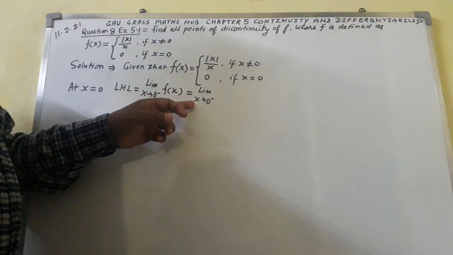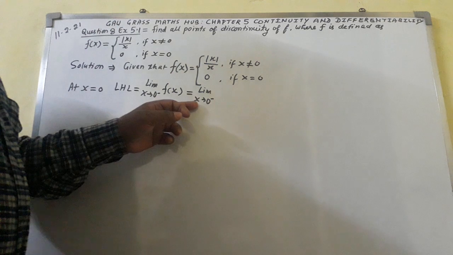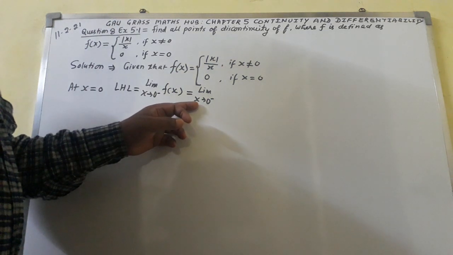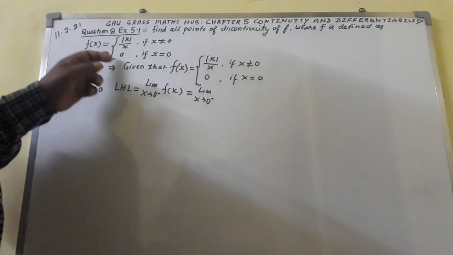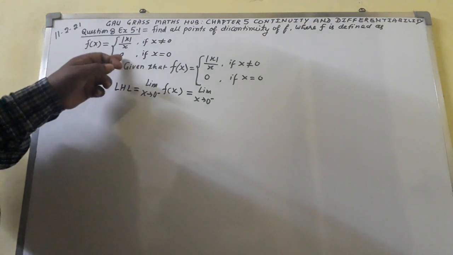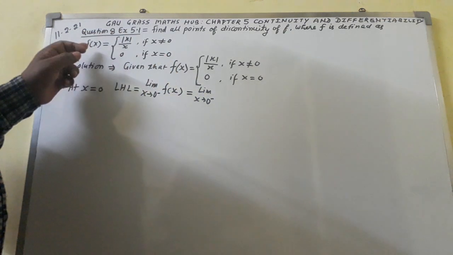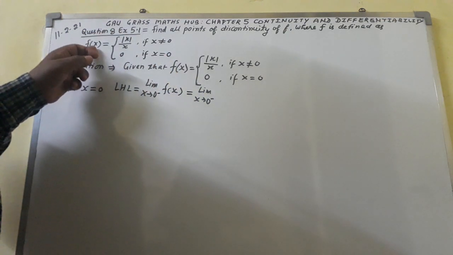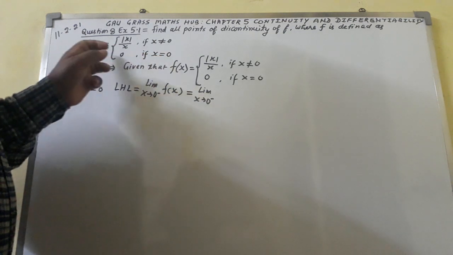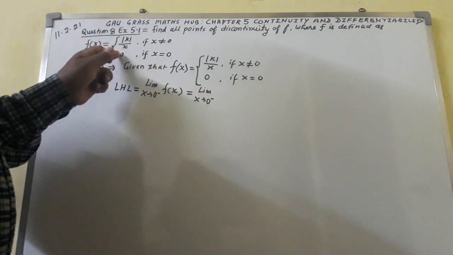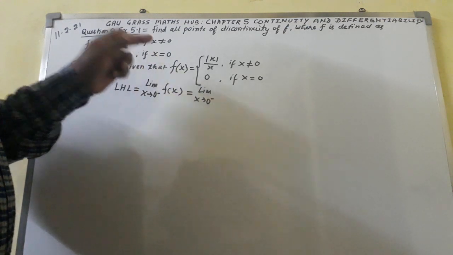Here it is given x tends to 0 negative. This means that the value of x must be less than 0. In the function f of x equal to 0 if x equal to 0, the value of x is not less than 0.